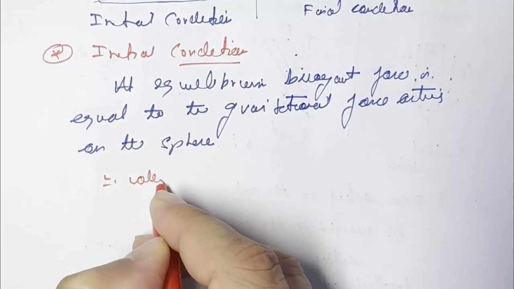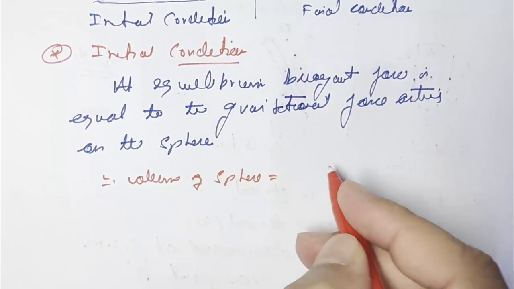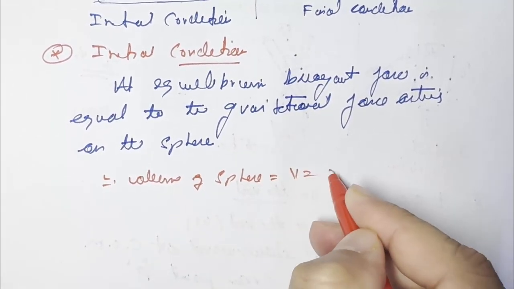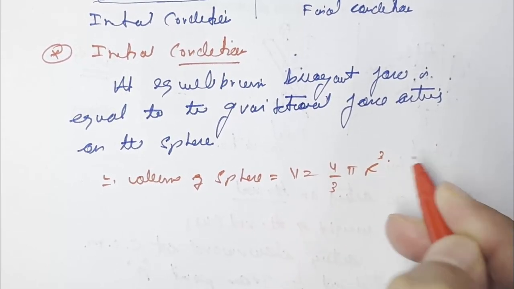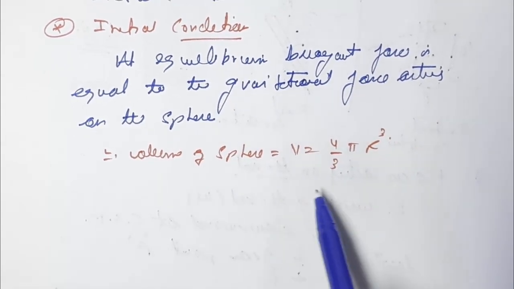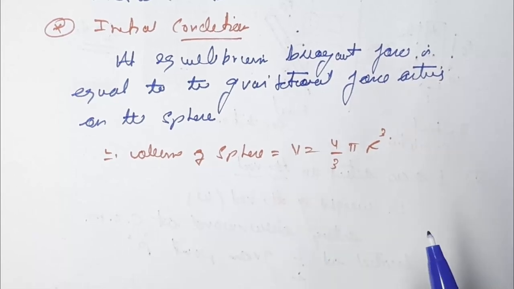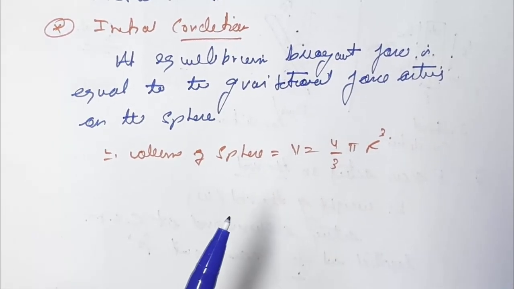So we have the volume of the sphere, let us call that V, which is 4/3 pi r cube, and it is given that only half is submerged in the liquid.